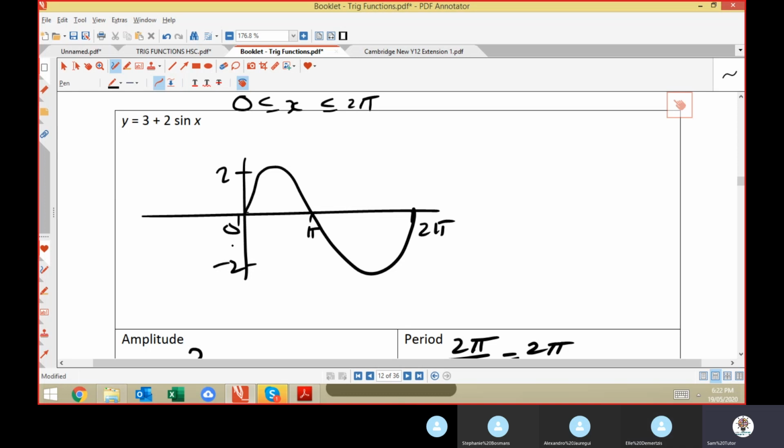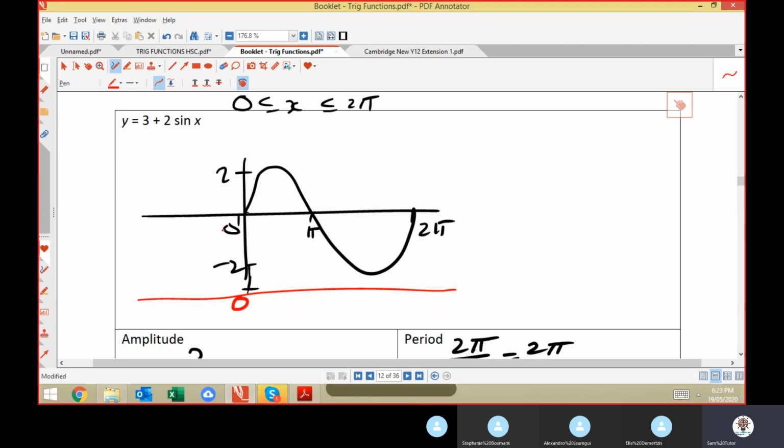If you're going to move this down 3, this 0 will move all the way down to technically -3, where your -3 is meant to be. So that becomes your new 0. It might be a bit new at first, but if you do it, it makes your life a whole lot easier.